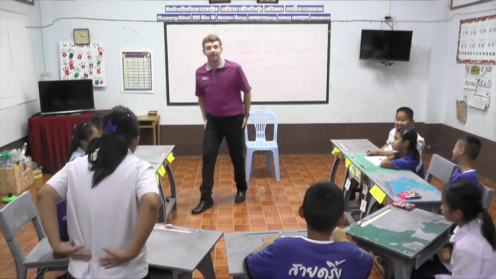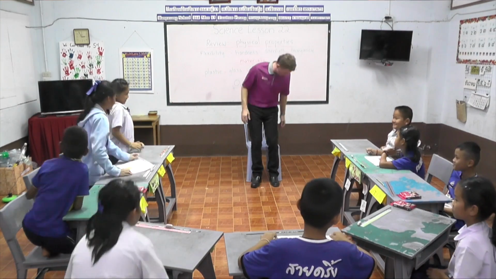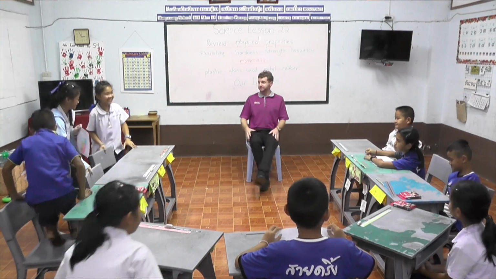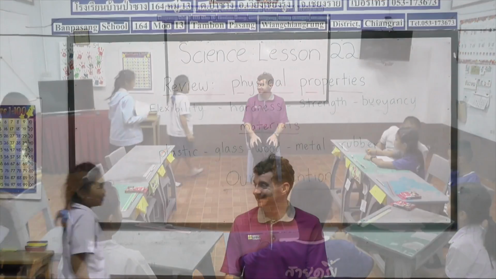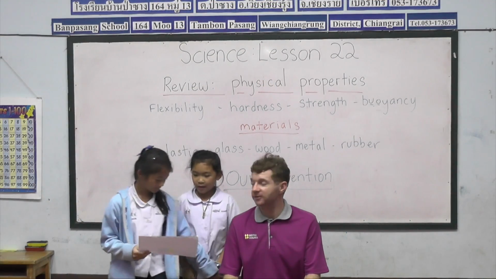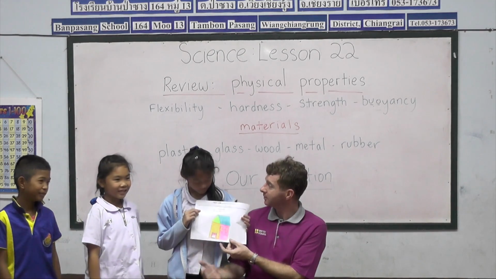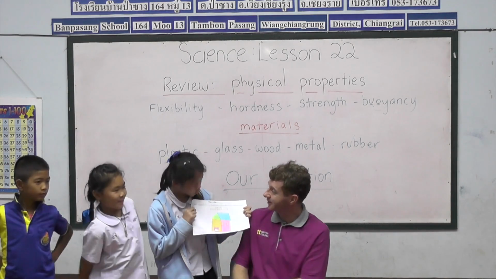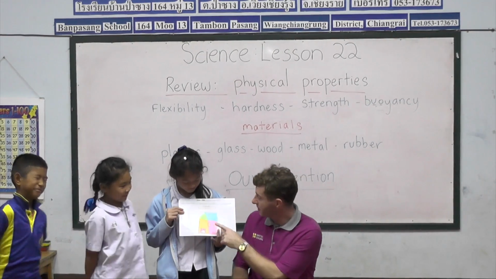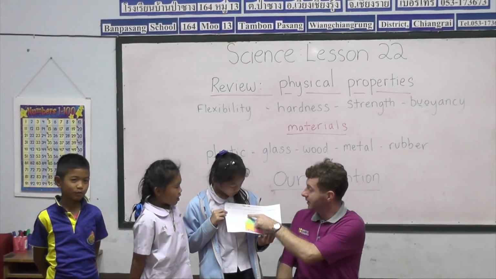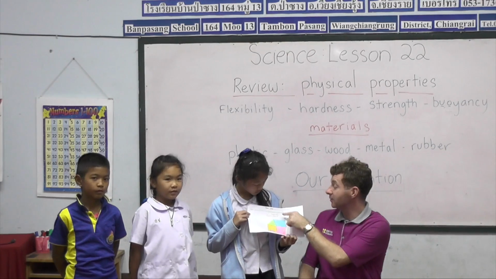Team Pink. Our final team, Team Pink, come and join teacher at the front. So let's see. What is our invention? What is this? Home. What materials did you use? Glass and wood.